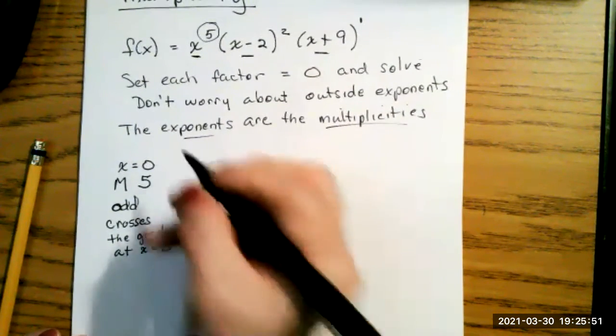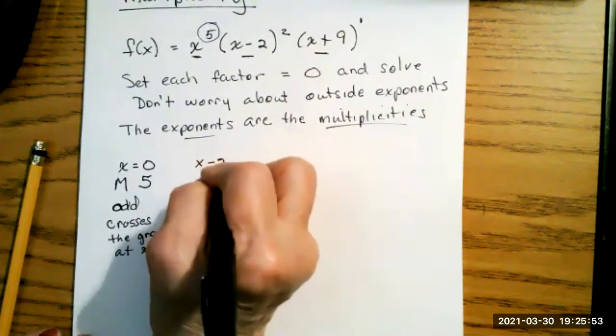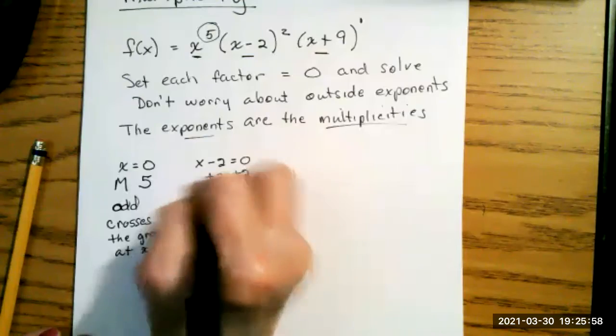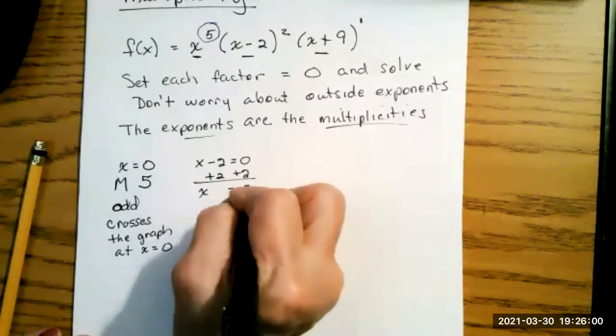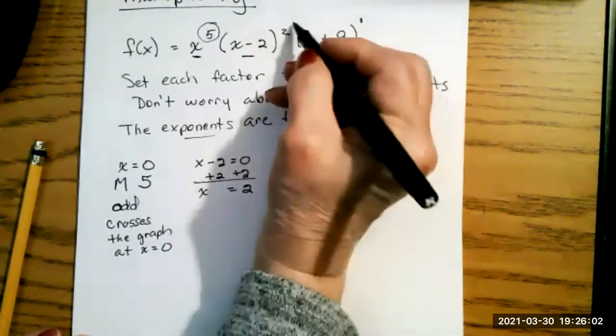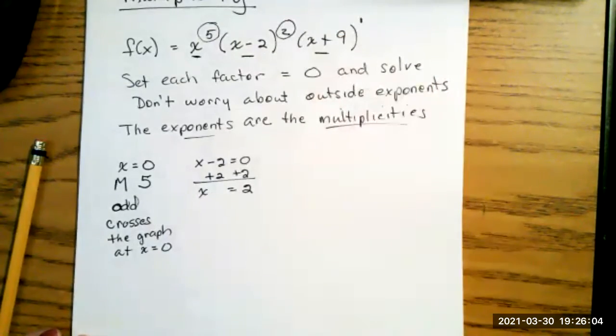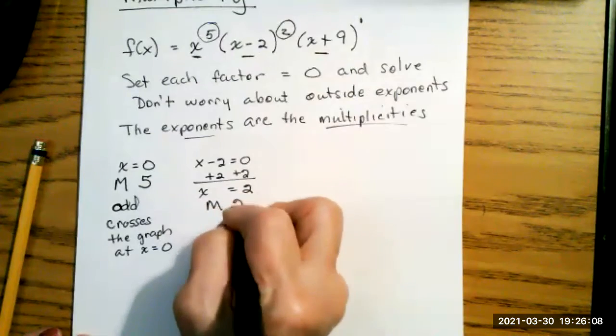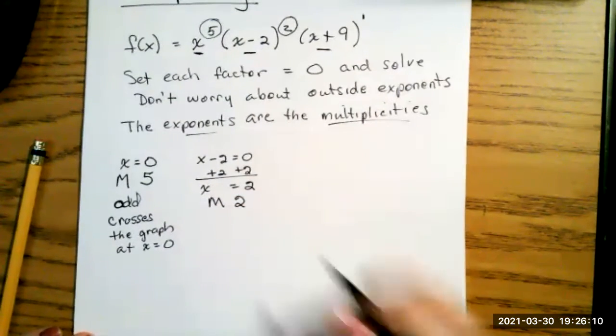Okay? Let's try the second one. X minus 2 equals 0. I have to solve this one by adding 2. So I get x equals 2. I look at my exponent. My exponent is 2. So my multiplicity for this one is 2 from the exponent.